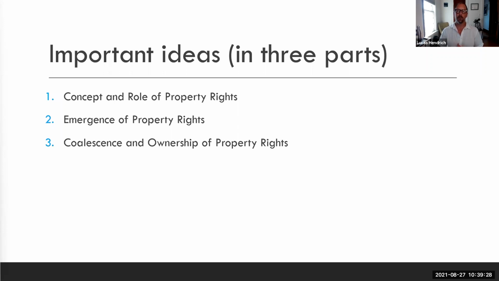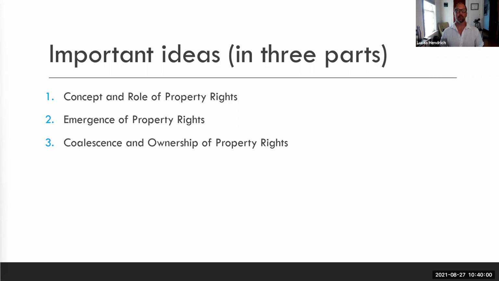The paper is broken into three parts, essentially, including an introduction and a conclusion. The three main parts are, first, to explore the concept of property rights and their role. The second, how they emerge. And again, instead of demonstrating this with math and data, this is demonstrated with anthropology and history, where we look at Native Americans in North America during the fur trade.